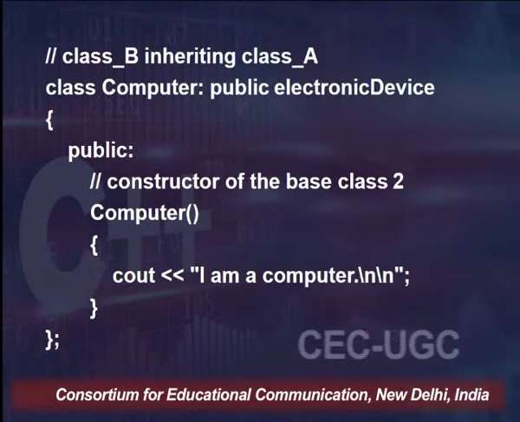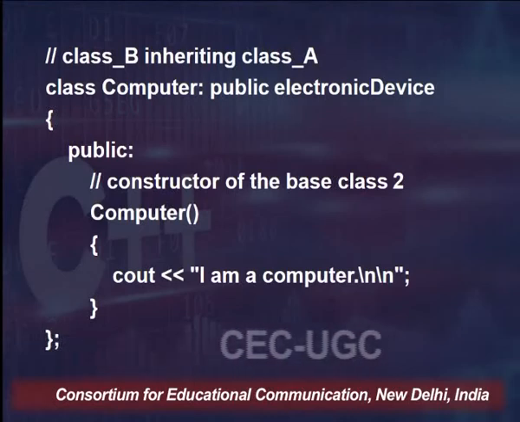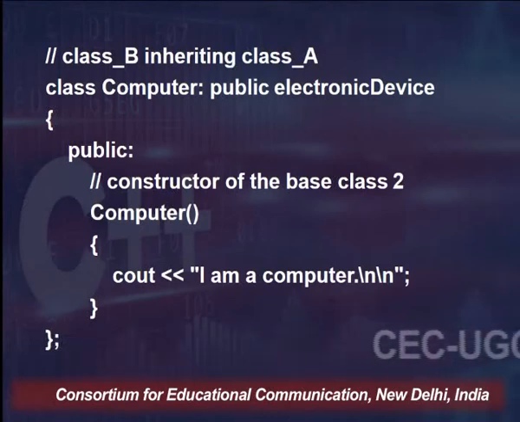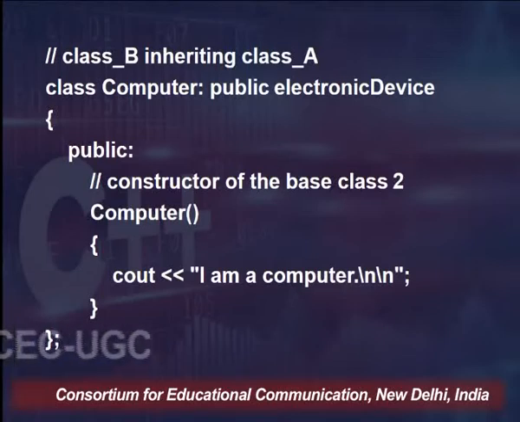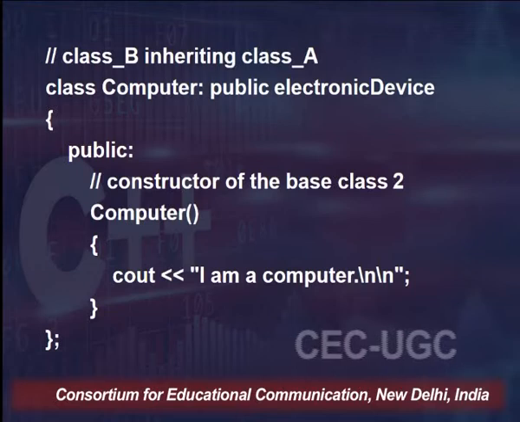That is it. Now, class A we have defined, class B inheriting class A, we have defined that as well. Now, in this situation, our class computer is having two members. One is its own constructor, which is computer, and another one is the constructor of class electronic device.